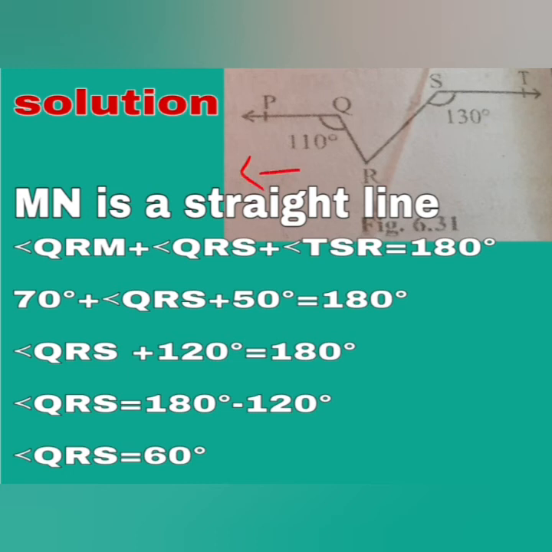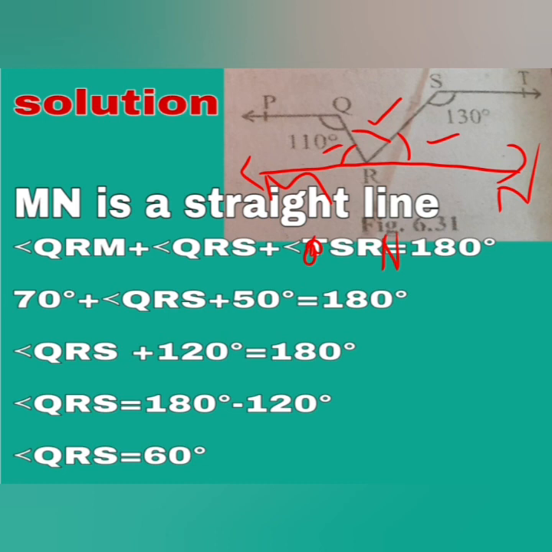Now we are going to calculate our QRS angle by using the property of a straight line. MN is a straight line. So angle QRM plus angle QRS plus angle SRN, not TSR, is equal to 180 degrees. QRM is 70 degrees, SRN is 50 degrees, which we calculated in the first part.